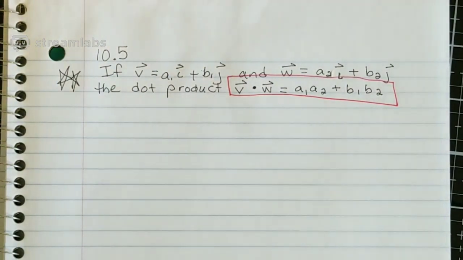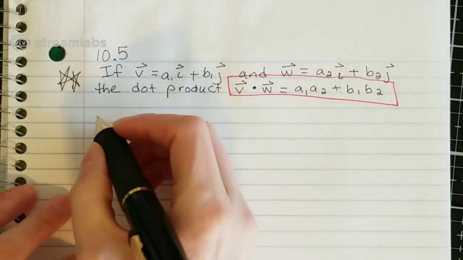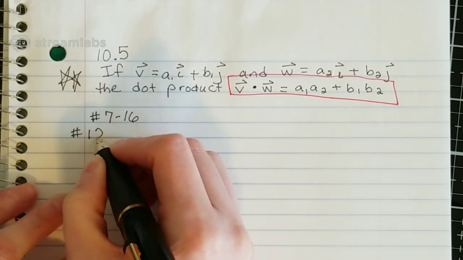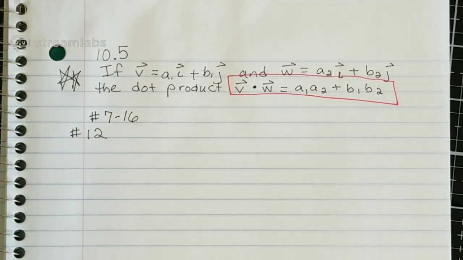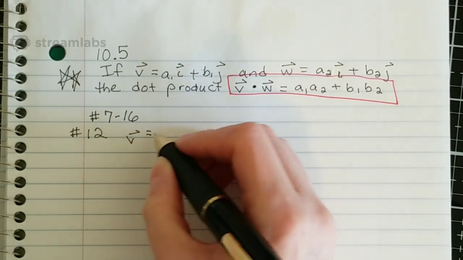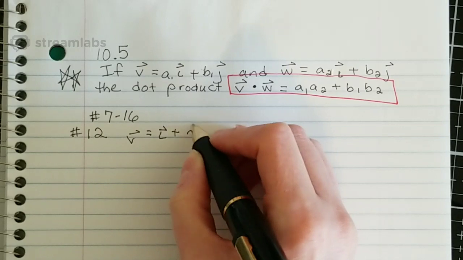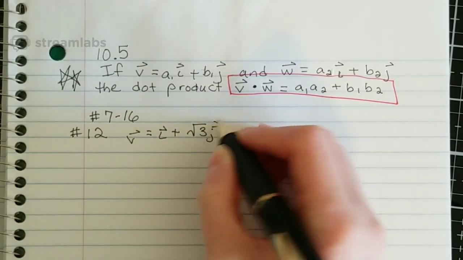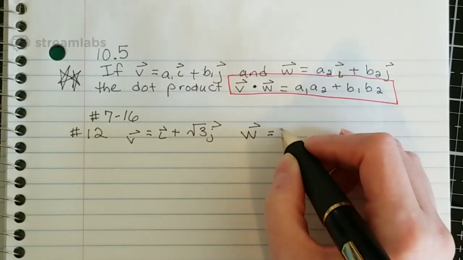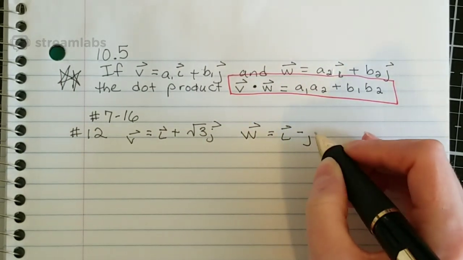We're kind of going to do part A and then come back and do another definition and then do part B. So part A says to find the dot product, and they give us vector v is i plus the square root of 3 j, and vector w is i minus j.